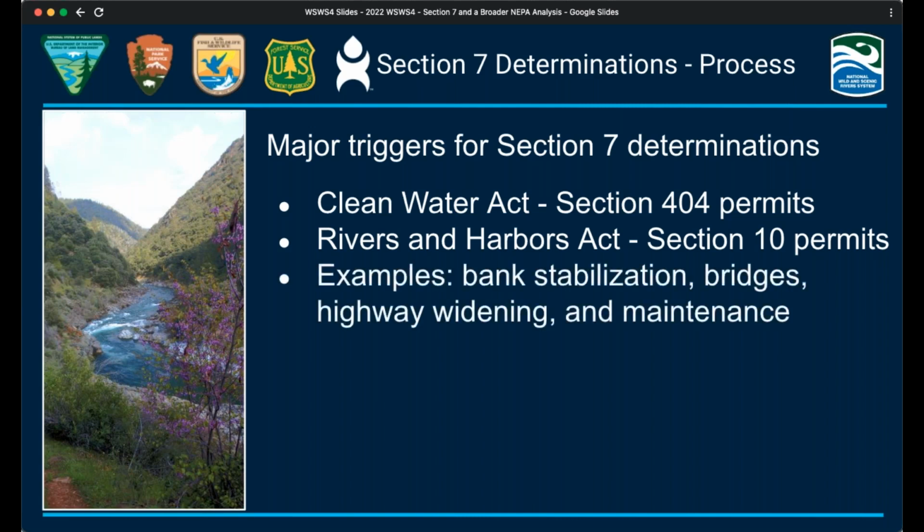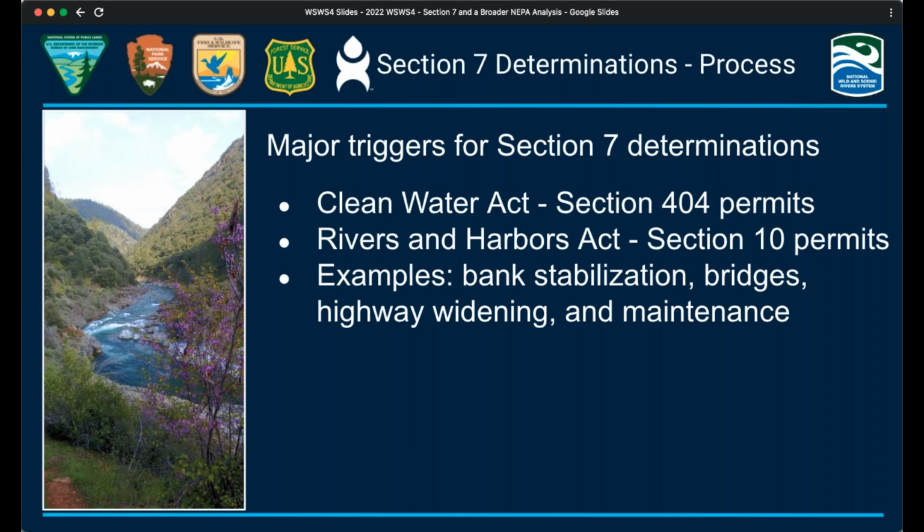Typical projects requiring Corps permits include bank stabilization, bridge construction, boat ramps, and docks. Highway projects frequently trigger the need for Section 404 permits, including highway widening, replacement, and maintenance of bridges and emergency repairs.